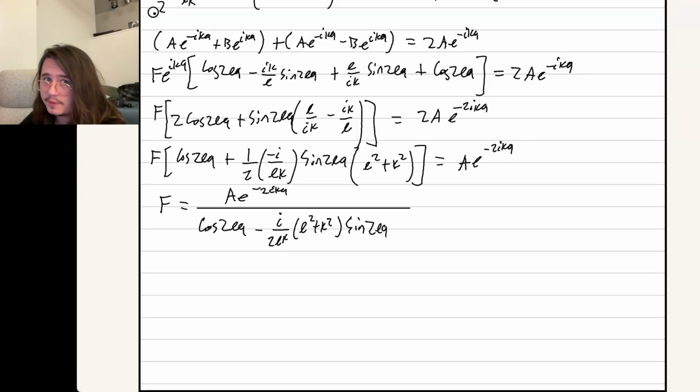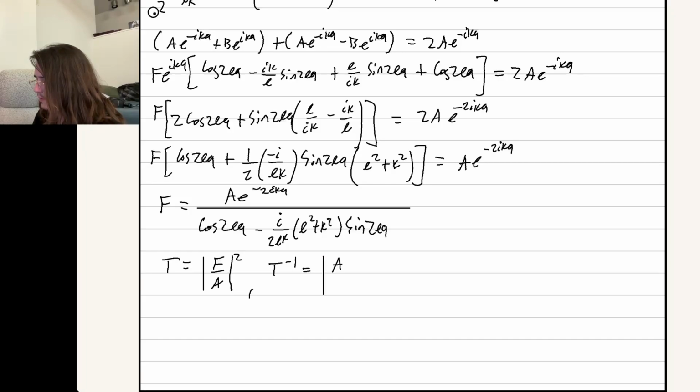Now we can get on with actually calculating the transmission coefficient, which, as usual, is defined by f over a mod squared. But Griffiths calculates the inverse transmission coefficient, so let's just do that instead. And if we want to, we can invert it later. A over f mod squared.